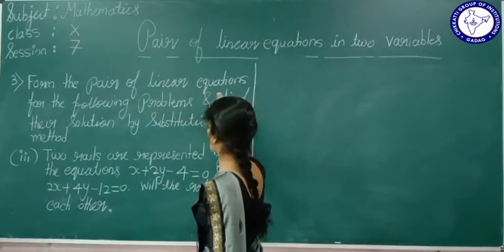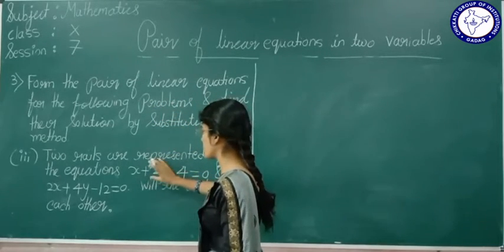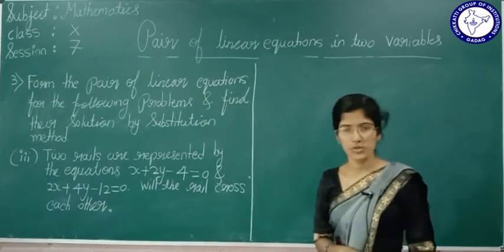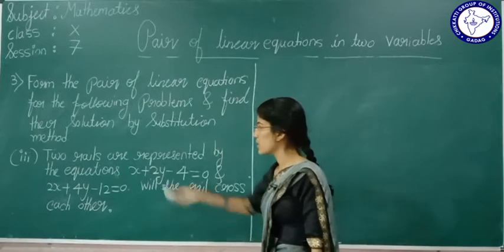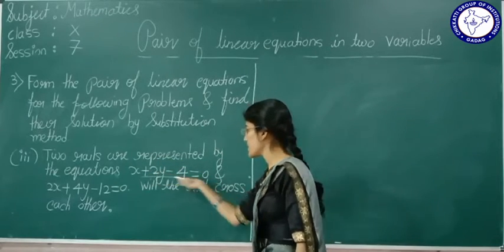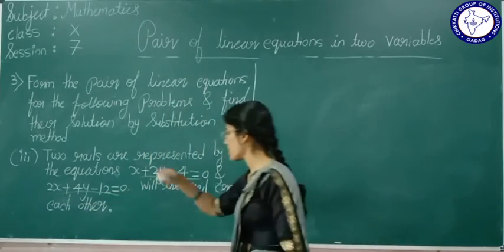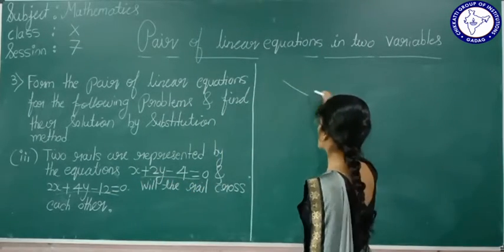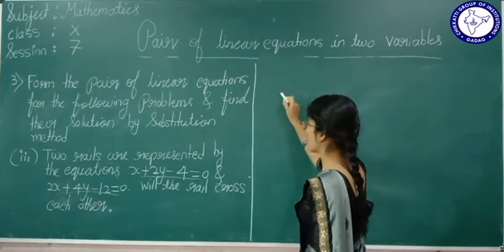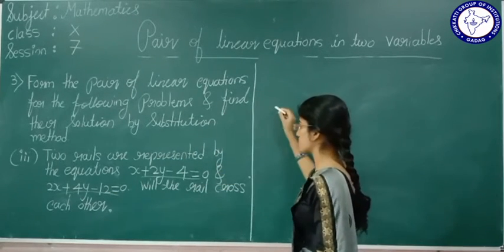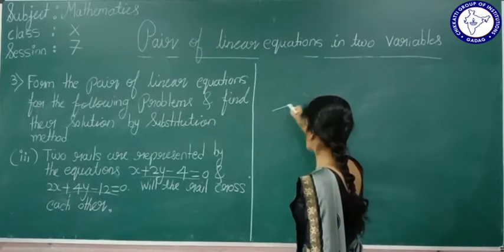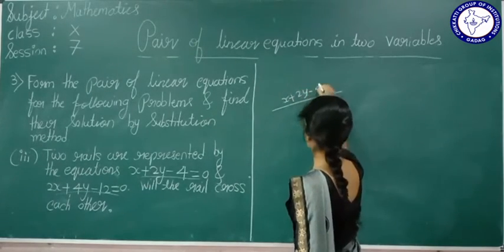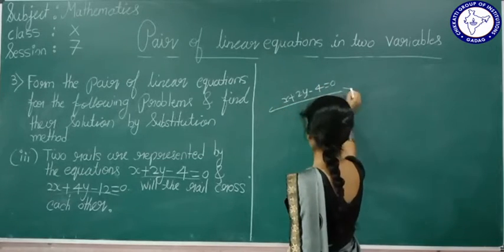Form the pair of linear equations for the following problem. Here we have a pair of linear equations. We have to find the solution. So what have they given in the question? Two rails are represented by the equations. Will the rails cross each other? Suppose this is x plus 2y minus 4 is equal to 0.